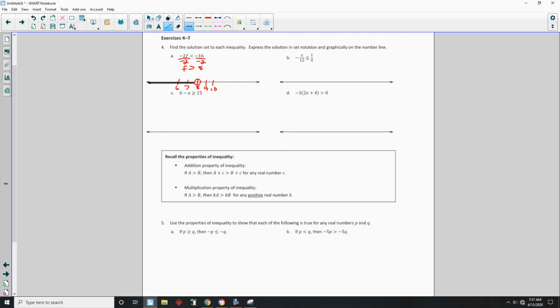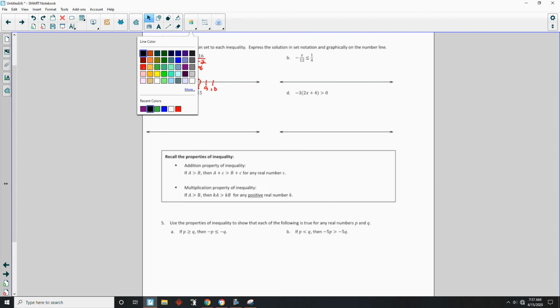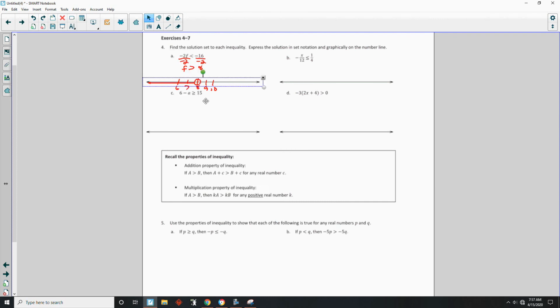It doesn't allow me to, this gets in the way, so I couldn't do it. All right, so there we go. Clean that up a little. Open circle at 8, shaded to the left with an arrow over here.